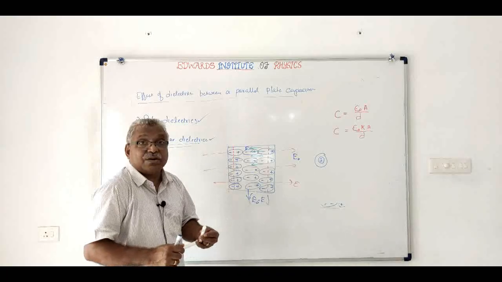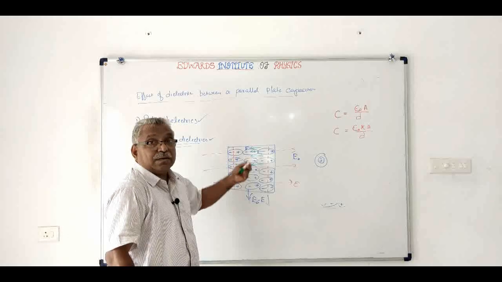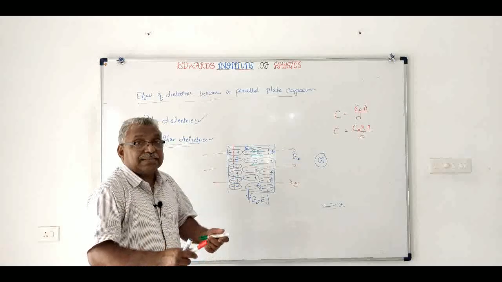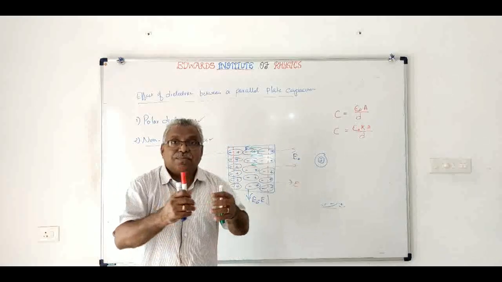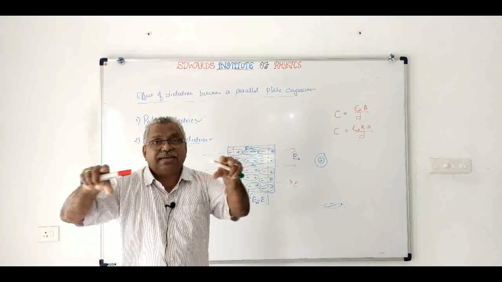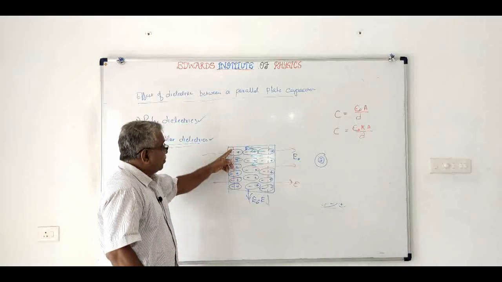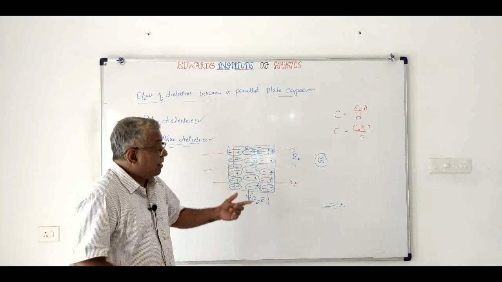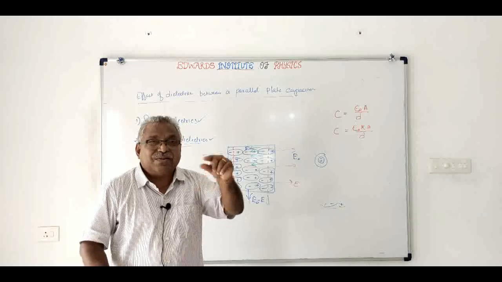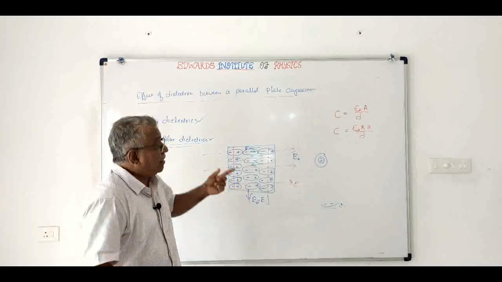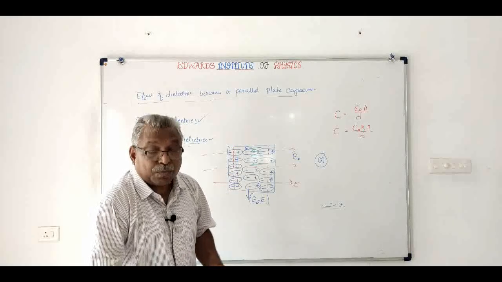That is the peculiarity of a dielectric. If you place a polar dielectric, the same thing will happen. All the polar molecules will get aligned in such a way that the electric field formed inside, E, will be a bit weaker than in a non-polar dielectric.